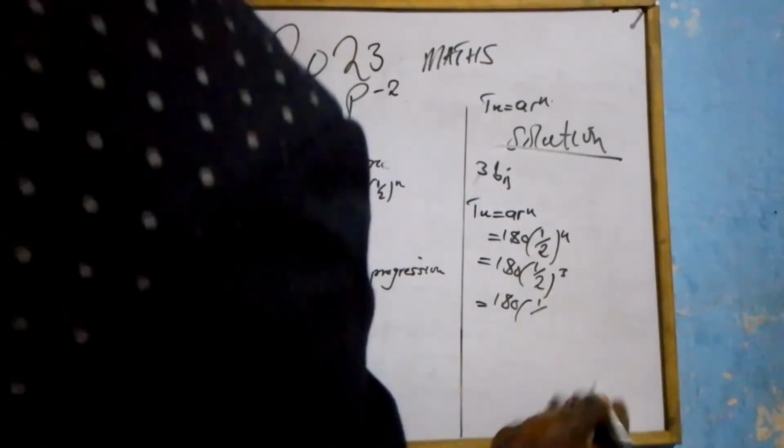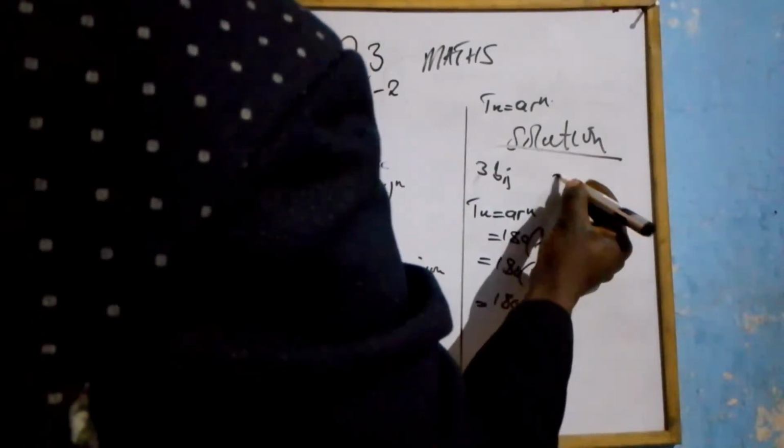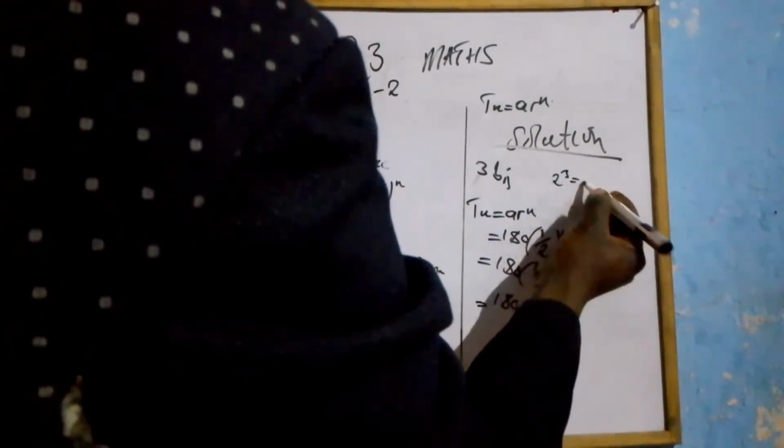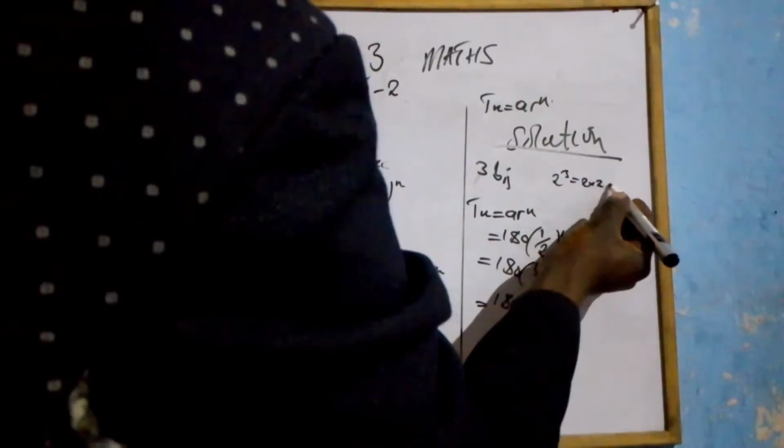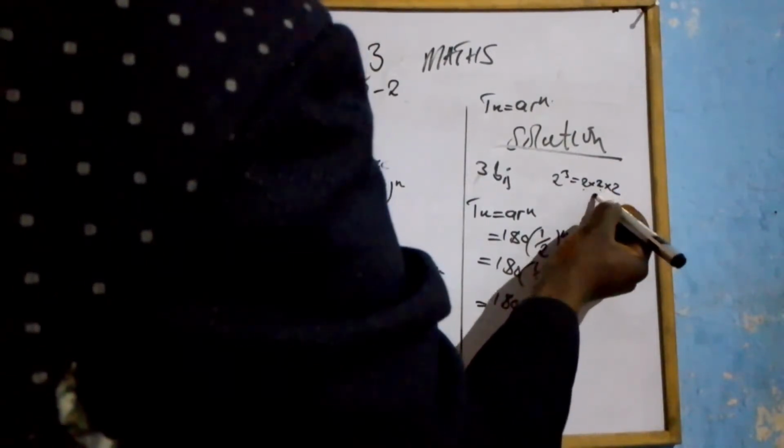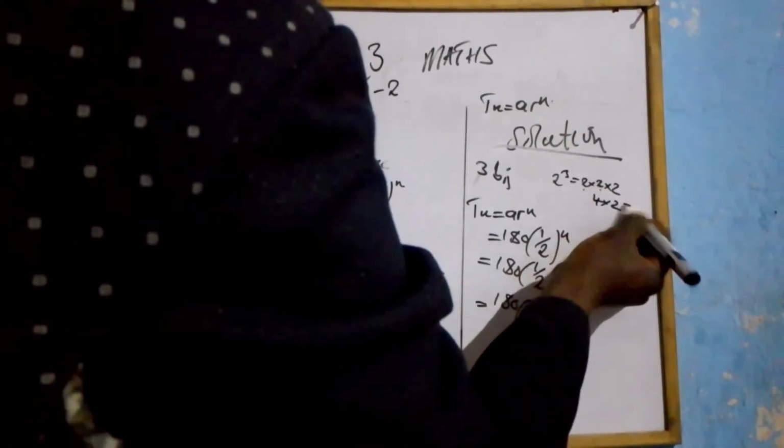How did we find 8? We can say 2 power 3 equals 2 times 2 times 2. 2 times 2 is 4, times 2 is equal to 8.